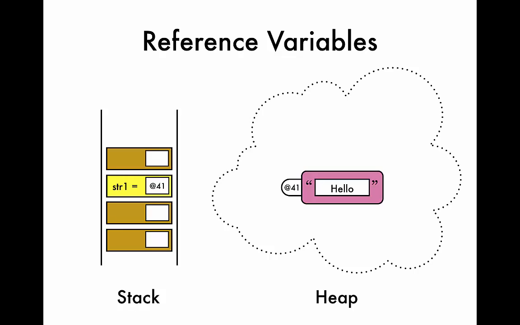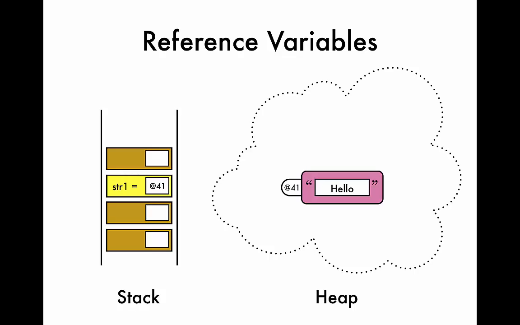We said that primitive variables reside on the stack and that their values also reside on the stack. Well, what about reference variables? A reference variable is so called because it references or refers to an object. A reference variable resides on the stack also, but the value that a reference variable holds on the stack is its reference value.